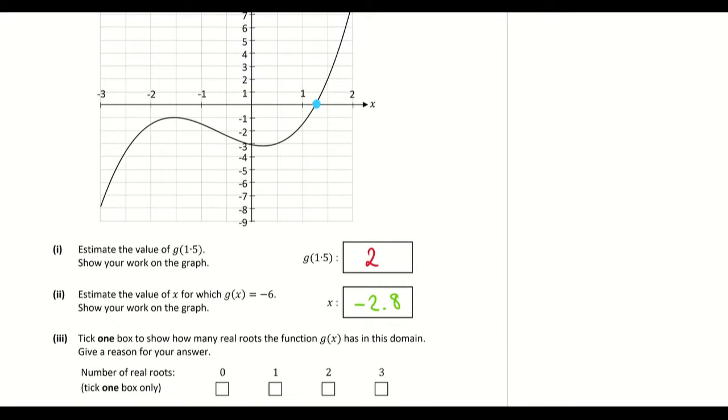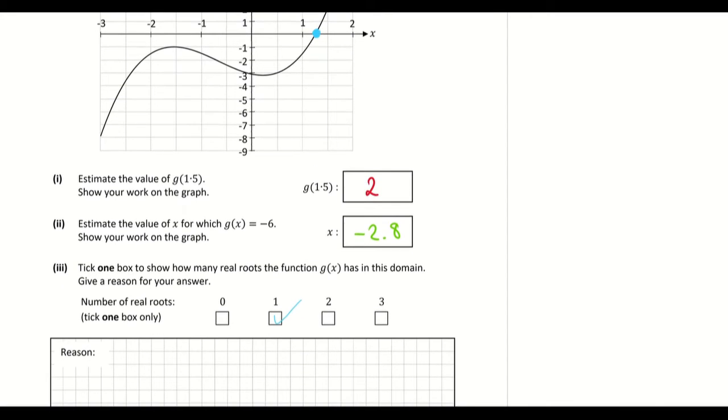So it has only the one real root here. And the question asks for a reason, and my reason would be it only crosses the x-axis once. Okay, so that's part A done.